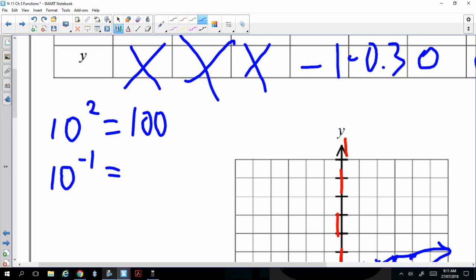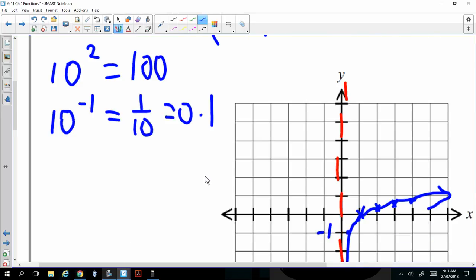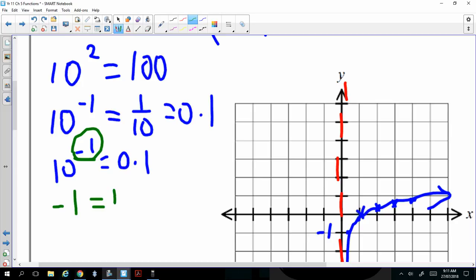Now, what does log mean? Let me write this together. Log means this. We're going to make the index the subject. So that's the index equals log base 10, because that's the base. So the big number becomes small, and the small little index becomes big because it's the index, which is 0.1.